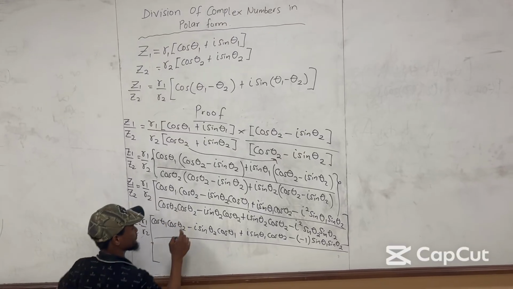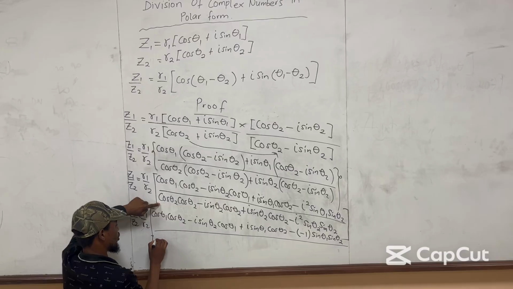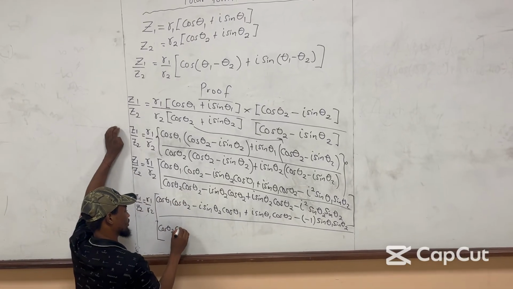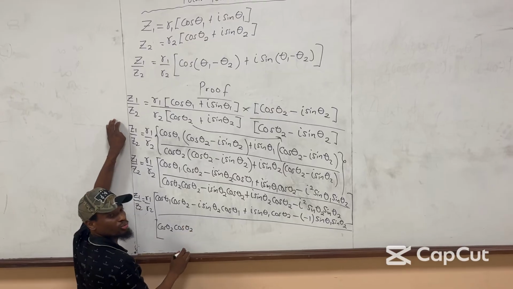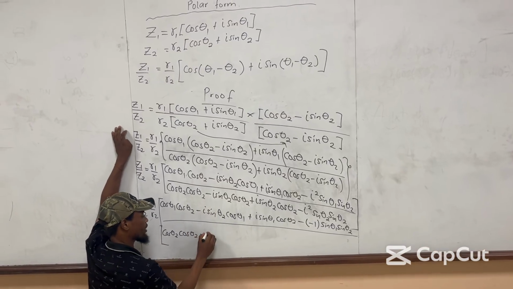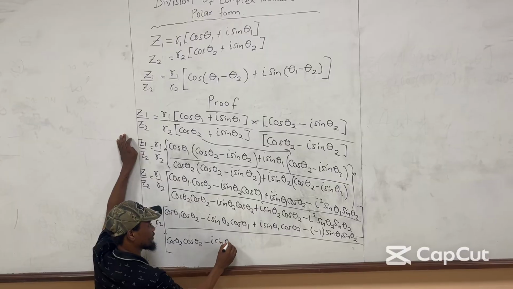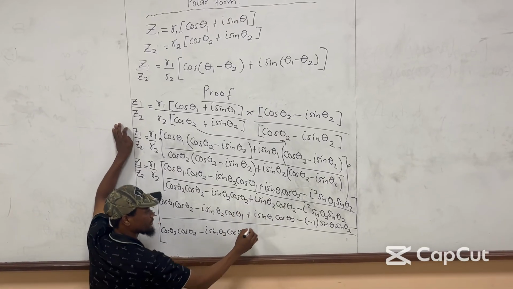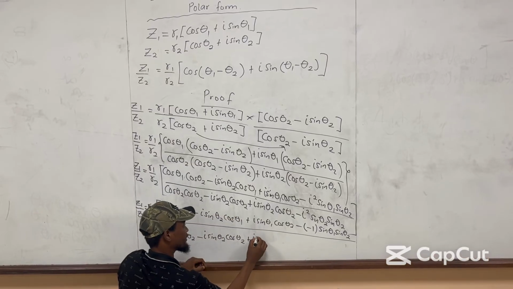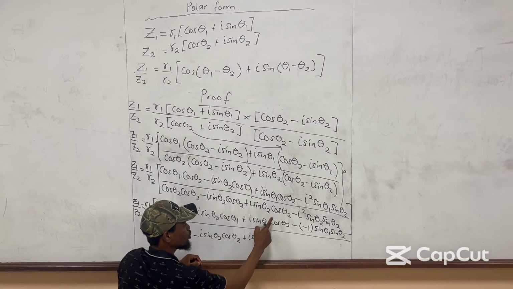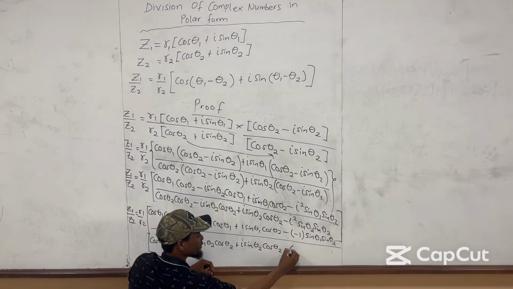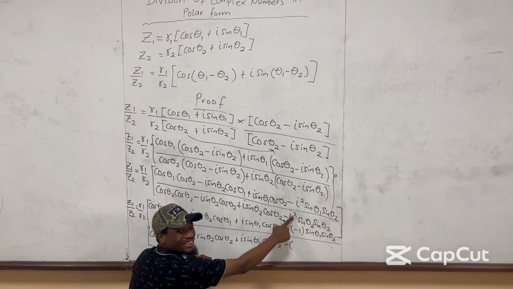I have this cos theta 2 cos theta 2 minus I sin theta 2 cos theta 2, then plus I sin theta 2 cos theta 2, then minus I squared is the same as what? Negative 1.